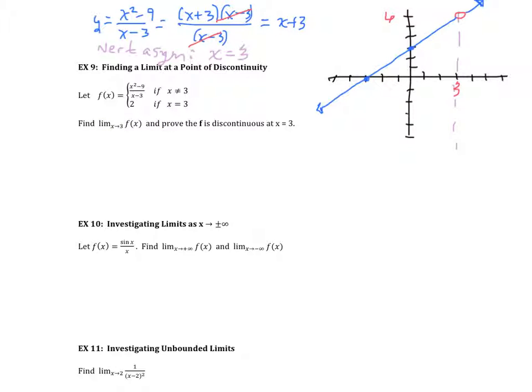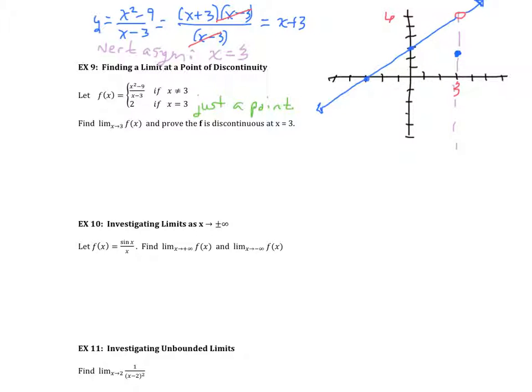So this is actually an ordered pair. This is actually just a point, because it's restricting us to just an x value of 3. And at the x value of 3, the y value is 2. So we're going to have a closed circle right here, and that closed circle actually plugs this hole here.